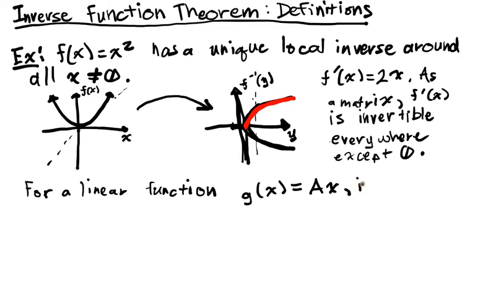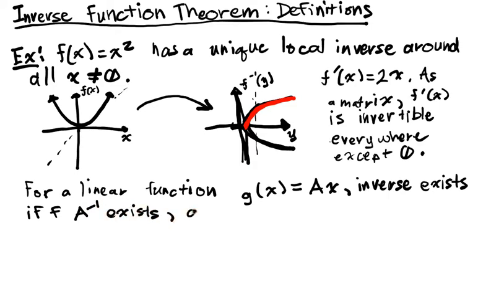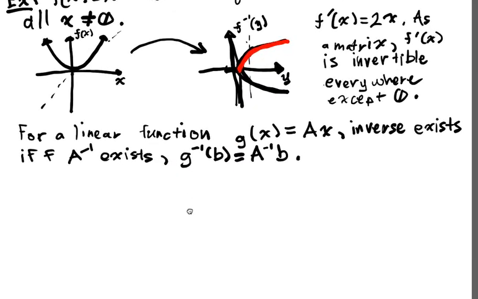Well, an inverse exists if and only if a inverse exists, and of course, g inverse of b is just going to be given by a inverse times b. It's simple to see that that is the case when a is invertible. And of course, this is only going to happen for square matrices.